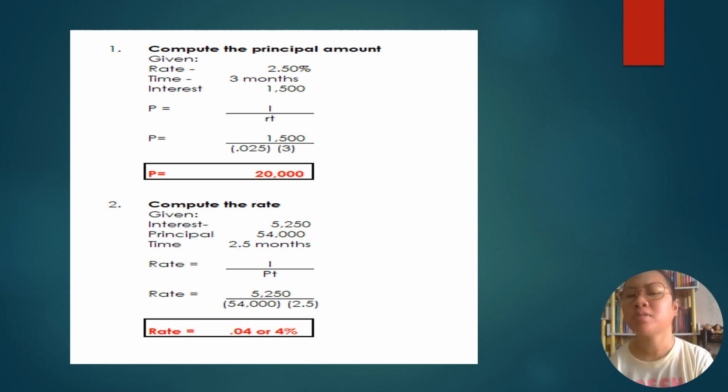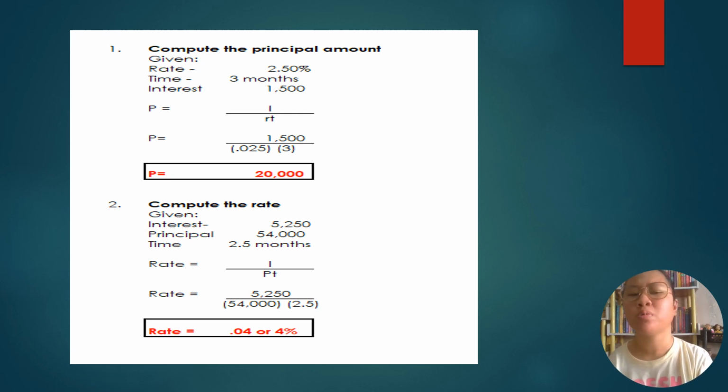Now, let's substitute the formula with the given information. So, principal equals 1,500 over 0.025 times 3. So, the principal amount is 20,000. Please remember to convert the percentage rate to a decimal number for easier computation.